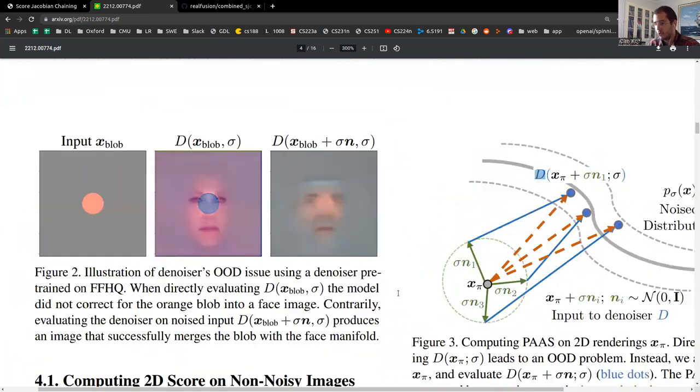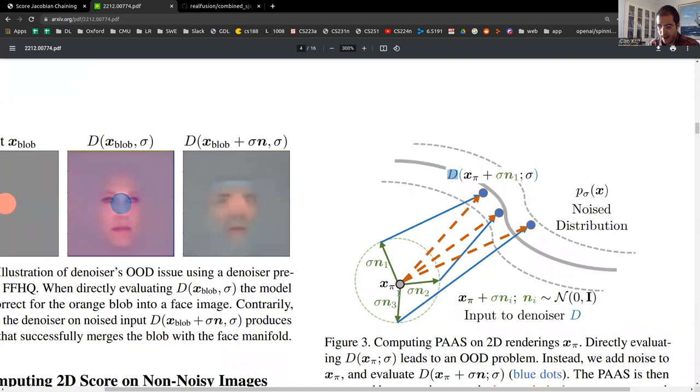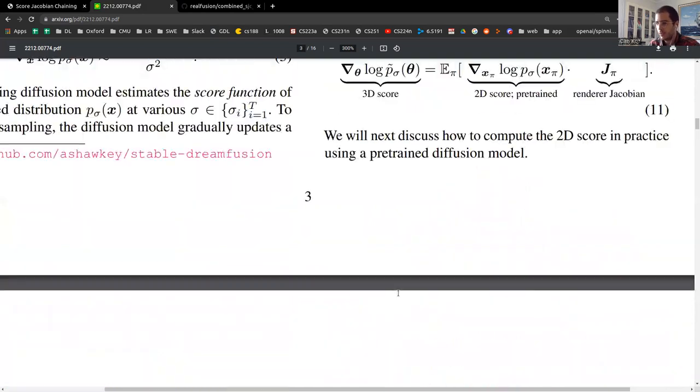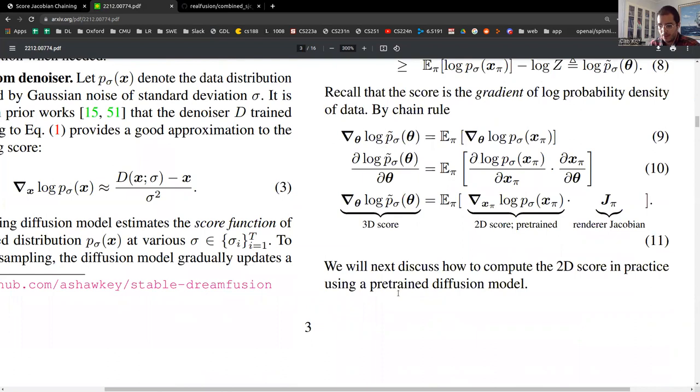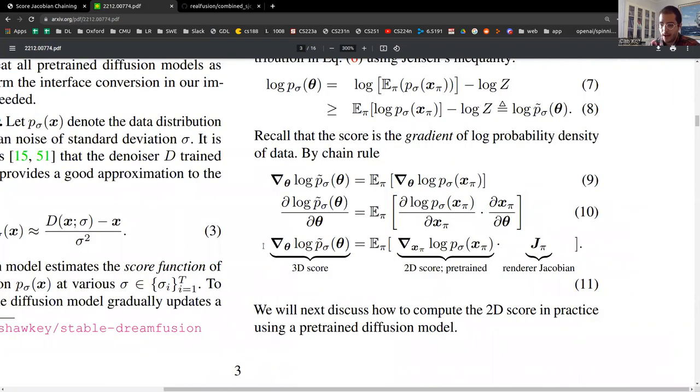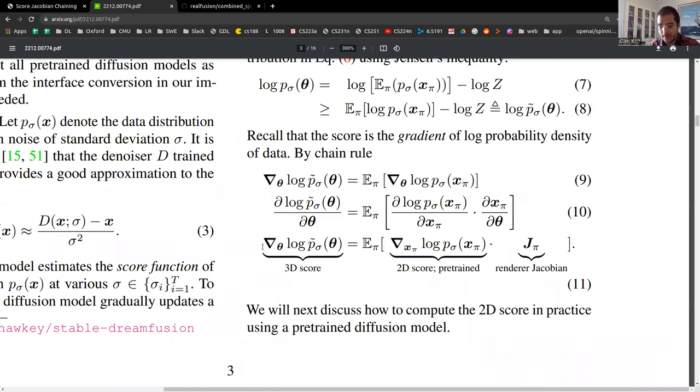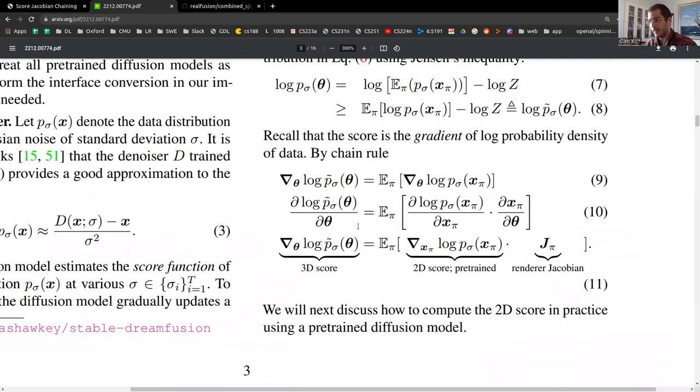So I think I should scroll back up to equation 11, where I can now confidently say that we need to maximize the 3D score according to theta, and theta is the parameter that we feed into a NeRF. So that's basically it.